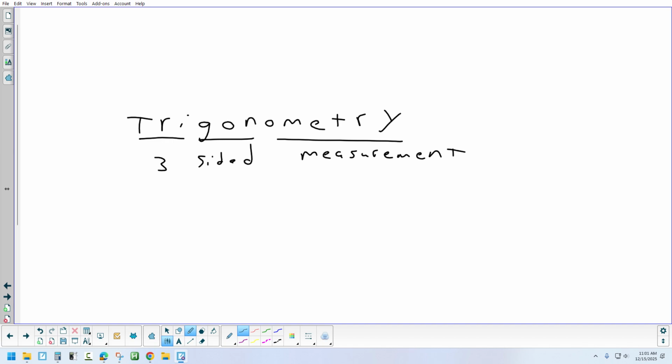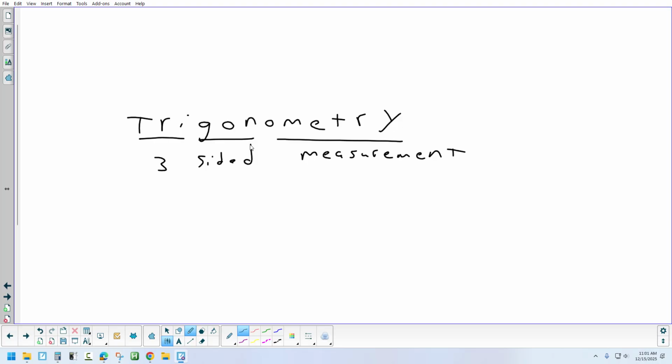Hexagon, right? 6-sided. Pentagon, 5-sided. Trigon, 3-sided. So trigon is another name for a triangle. Every two-dimensional shape has a name that ends in gon. We normally use the name triangle, but trigon is another name.